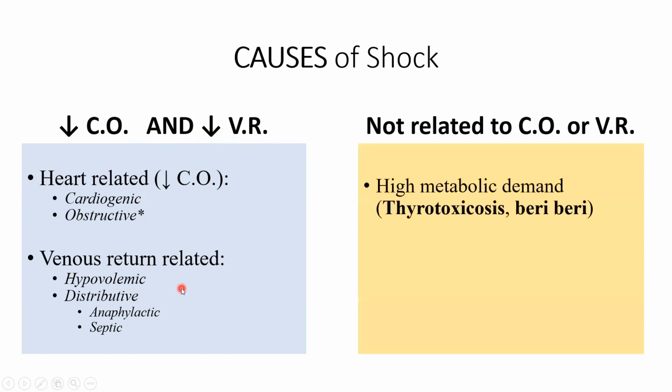Then you have independent issues, like we again discussed. There are conditions of thyrotoxicosis, which is hyperthyroidism, which you'll study in endocrinology, and beriberi, a vitamin B disorder, in which the metabolism, the BMR, basal metabolic rate, goes through the roof. It's a very high demand of metabolism for substrates and oxygen.